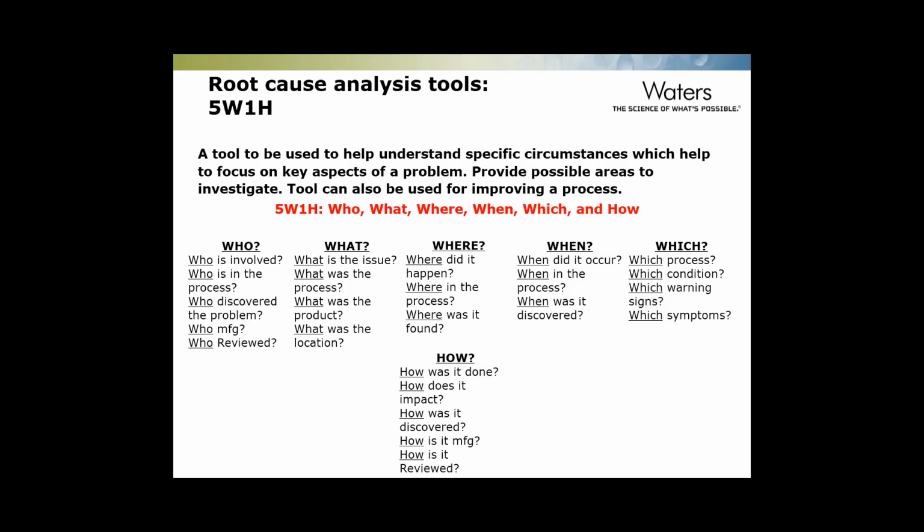Who was involved? What was it? Where did it happen? When did it occur? Which process? Which condition? Were there any warning signs? And then how? What was the impact? How did it happen? Those types of things give us the baseline.